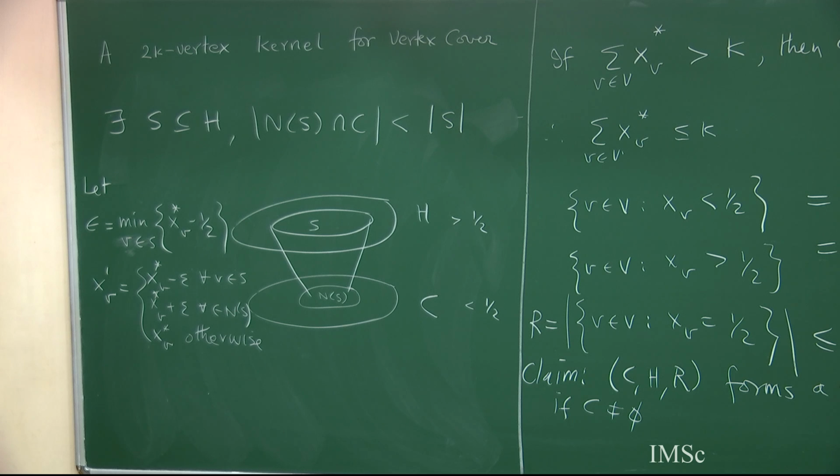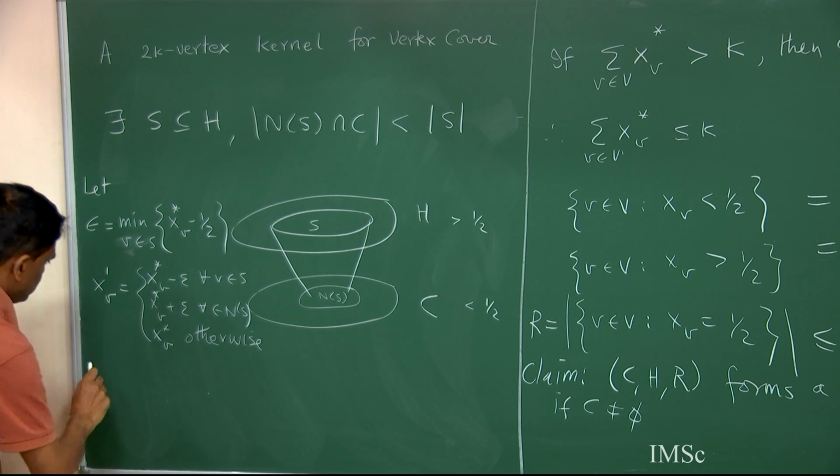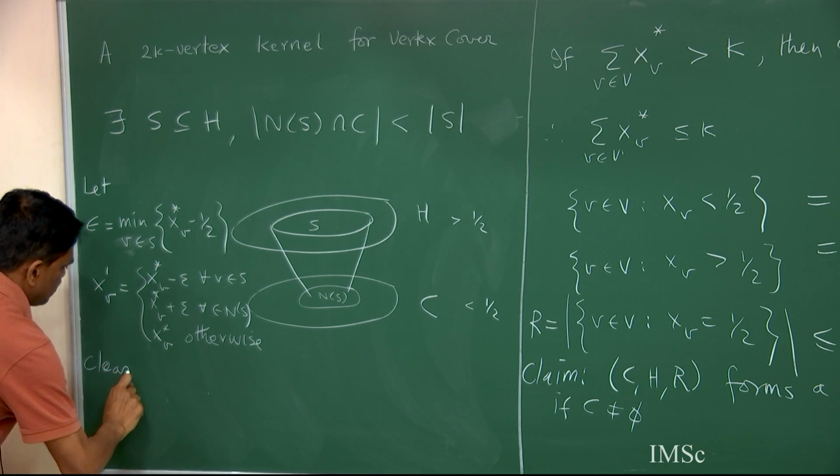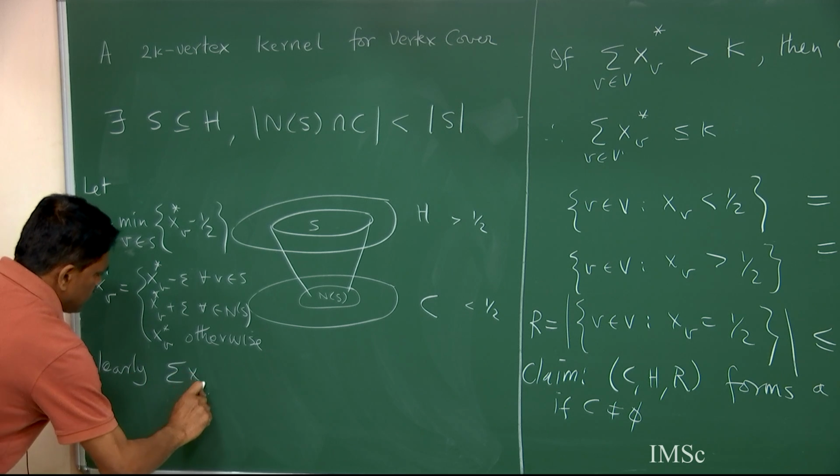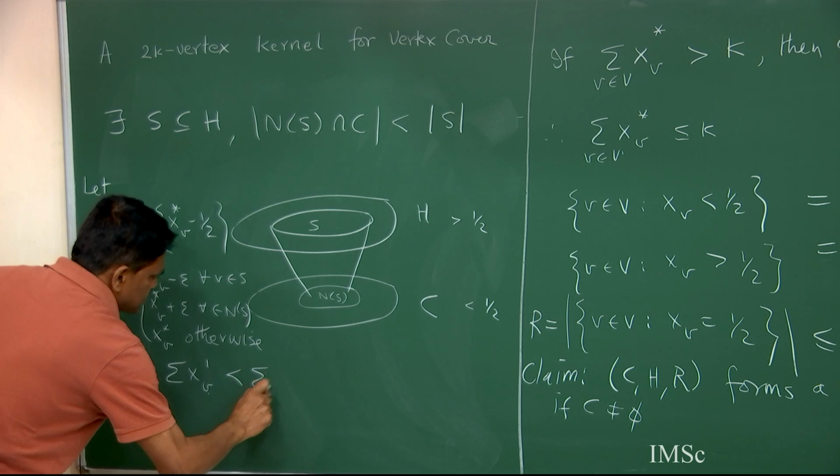Okay. Now this should be obvious, right? Clearly summation xv prime is strictly less than summation xv.